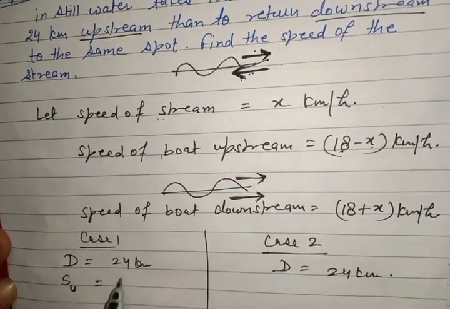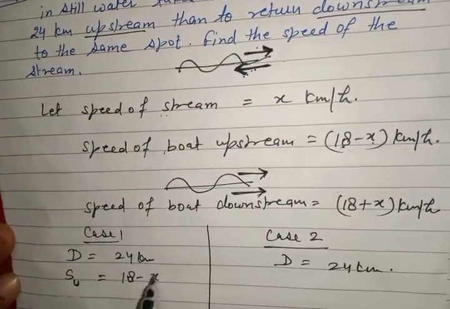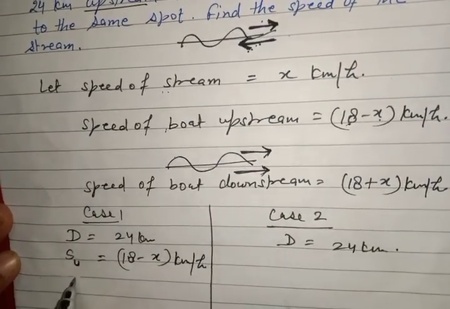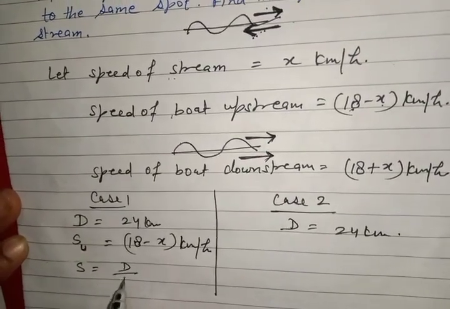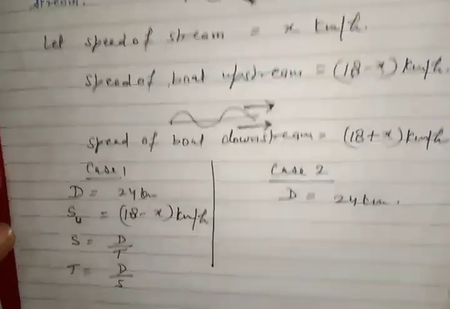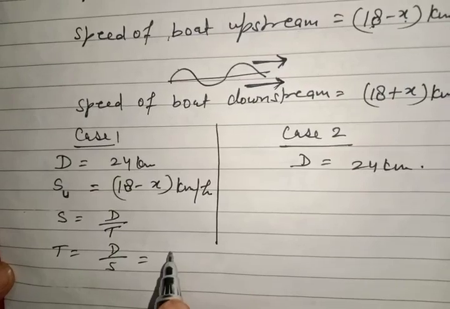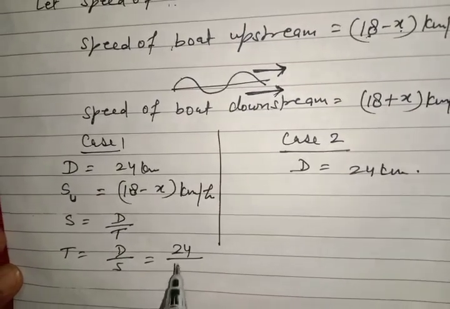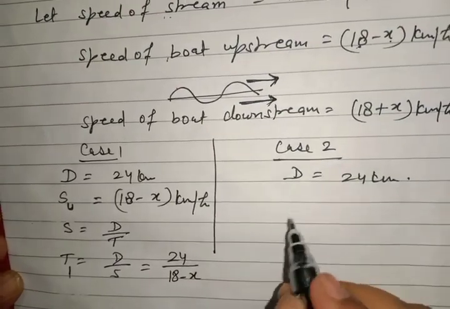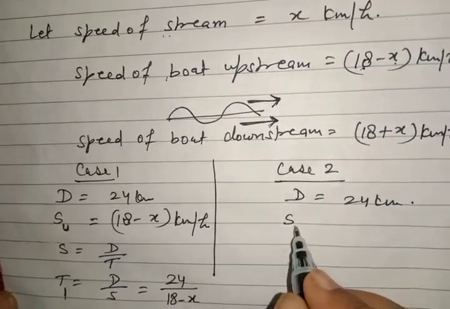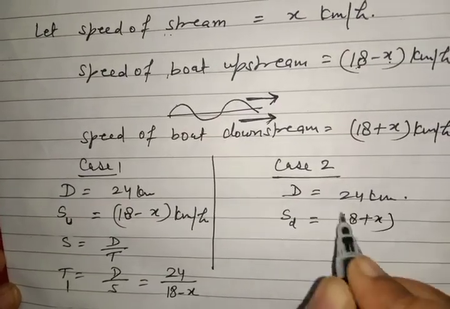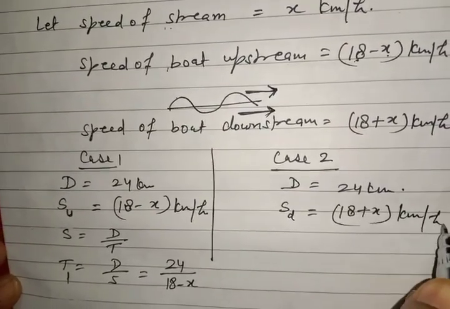Speed upstream is 18 minus x. If we know speed and distance, then the formula for speed is distance upon time. So time is equal to distance upon speed. So distance is 24 and speed is 18 minus x. We can name it t1. Here also speed downstream is equal to 18 plus x kilometers per hour.